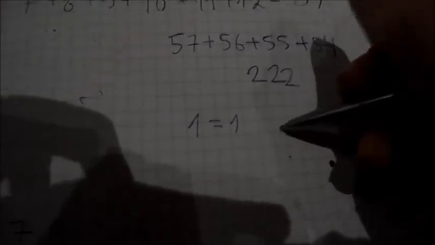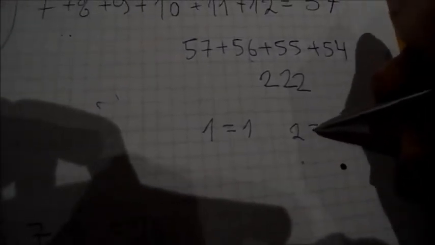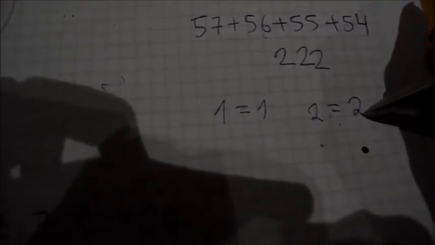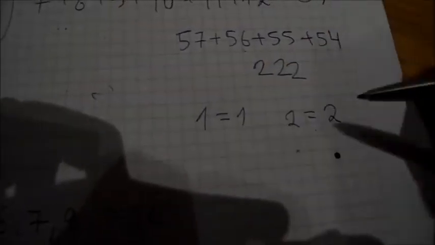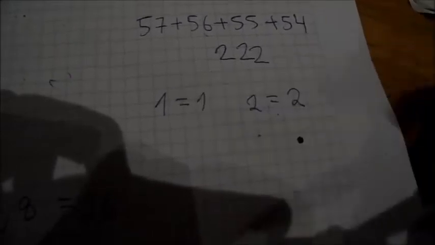If I take 1 as 1, I take 2 as 2. I go 3, now that I start in the electrical realm, I combine the 1 and the 2 now.